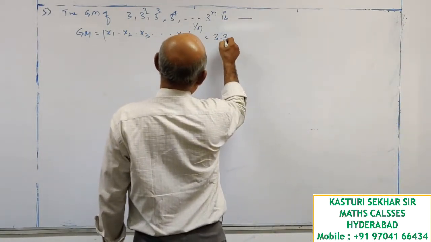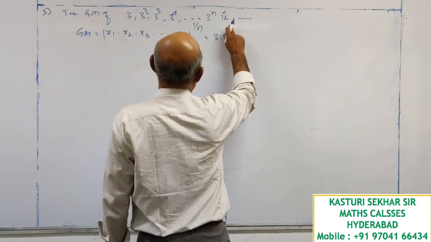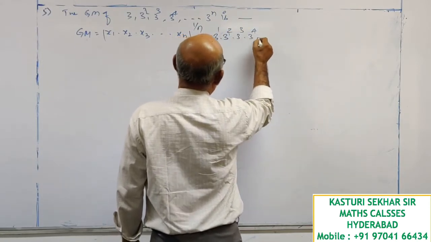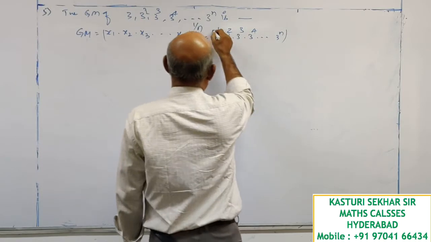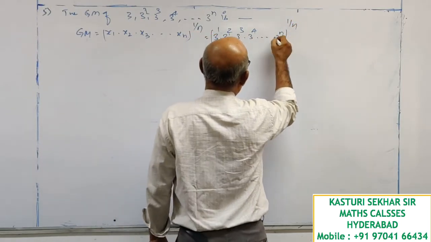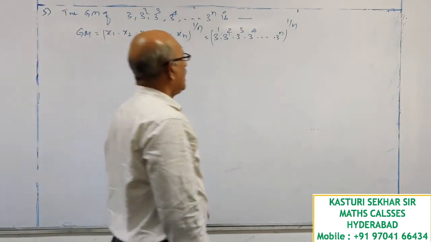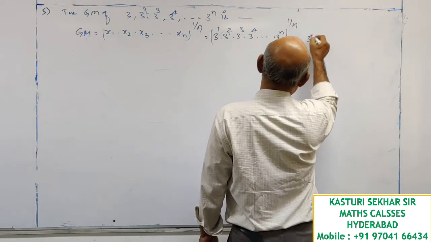So this is 3 into 3 power 2, 3 power 3, 3 power 4, etc. 3 power n whole to the power 1 by n. Inside the brackets we are multiplying the terms. So bases are equal, powers can be added.